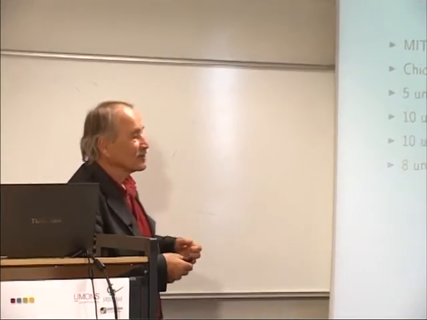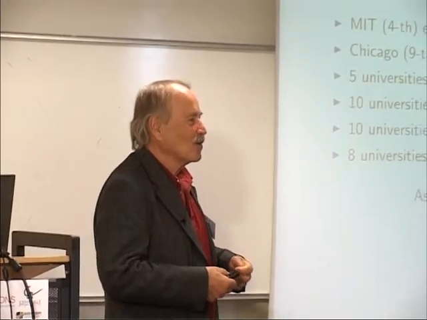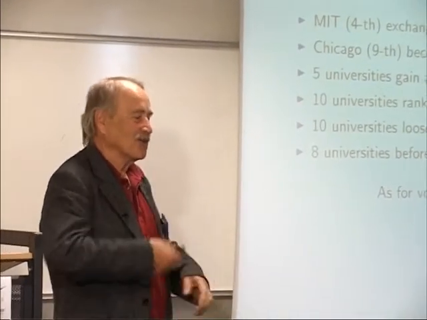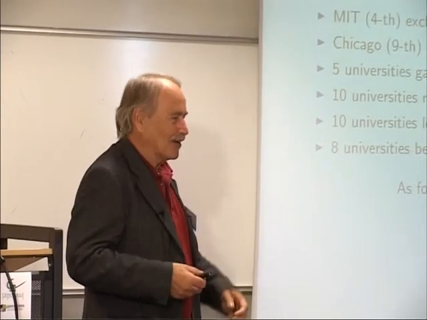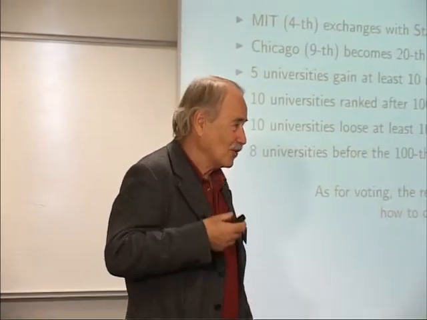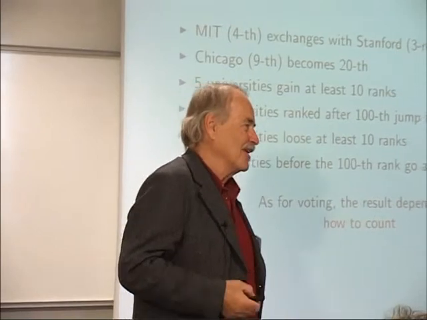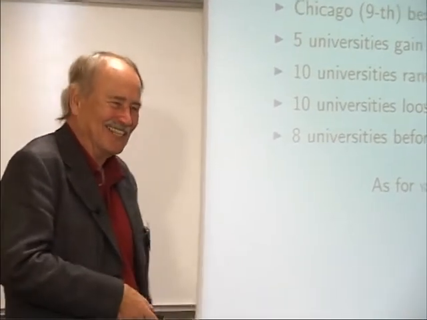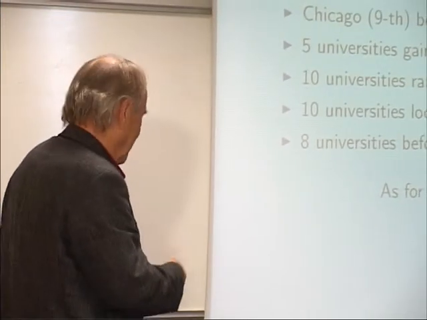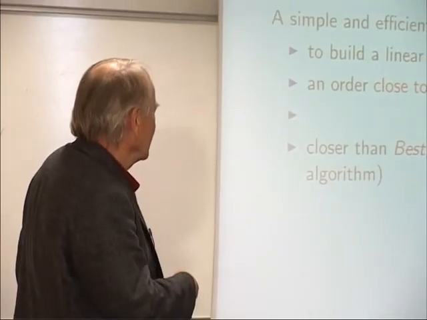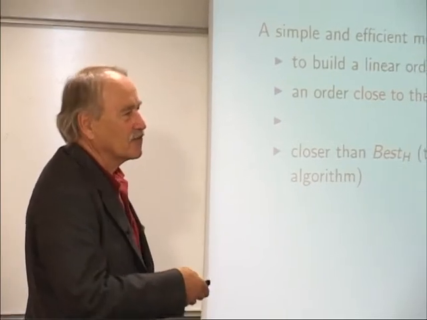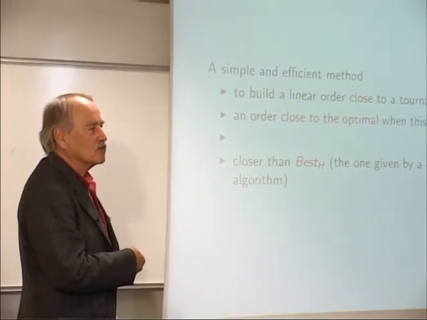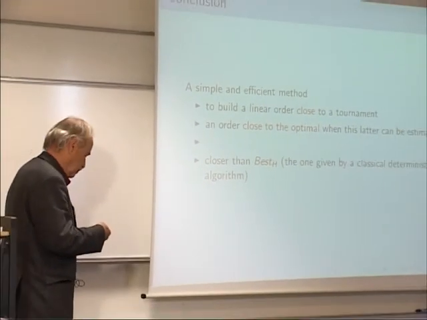That would be better than trying to gain one place by recruiting a PhD, recruiting a Nobel Prize, or asking their teachers to make many publications. So finally, the idea of decomposition is efficient for the median order problem. Okay.